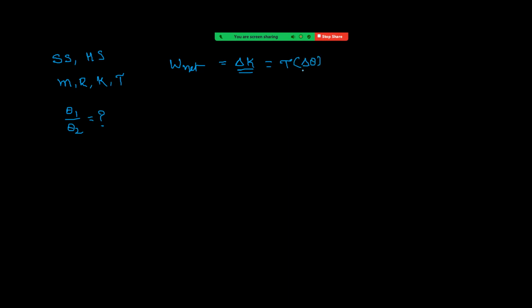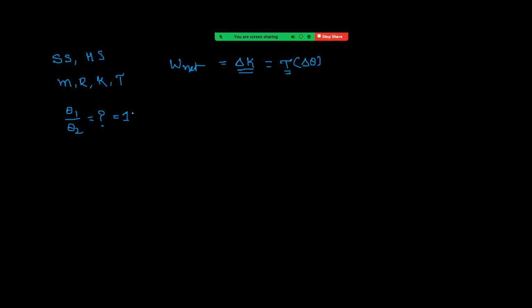This is angular displacement, just like F into displacement. This is now torque into angular displacement. And the condition given is that the same torque is applied. Same torque, delta K is same for both. When these two are same, delta theta must be same. That means the ratio will be 1.